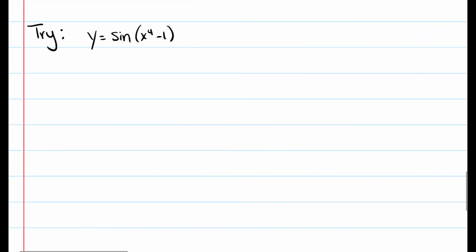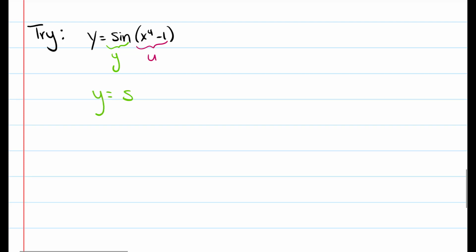Alright, let's give it a try. So I'm going to identify my outside function as y and my inside function as u. So I get y is equal to sine of u, and I get u is equal to x to the fourth minus 1.